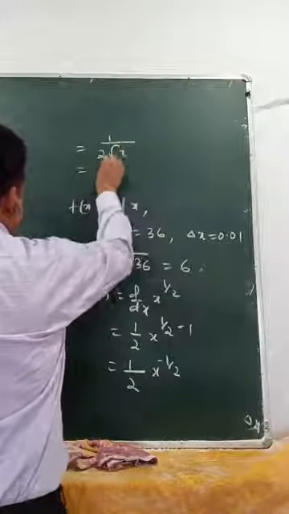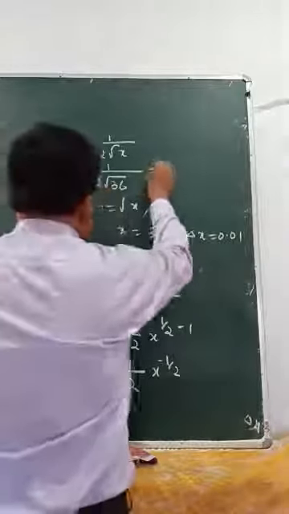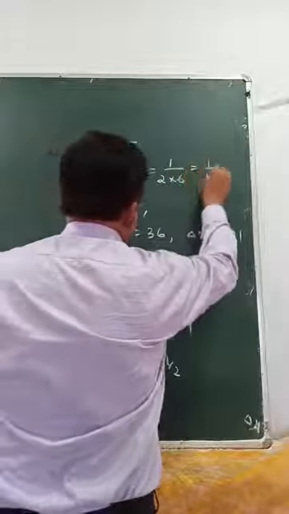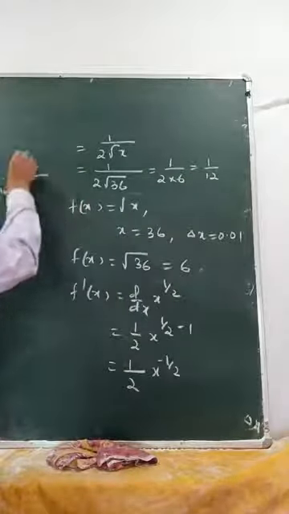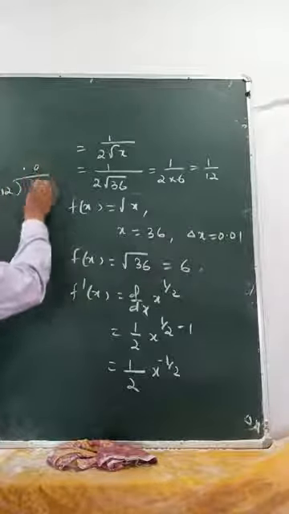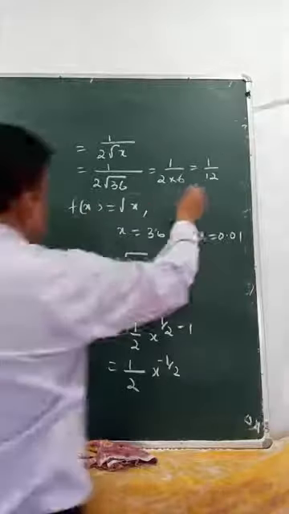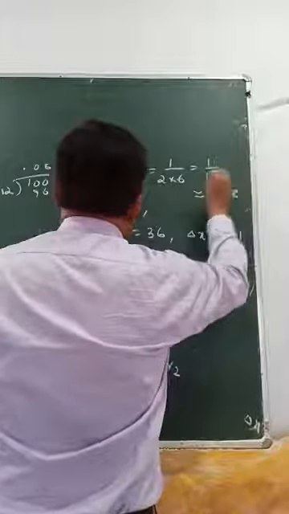That is 1 by 2 root of 36, 1 by 2 into 6, 1 by 12. Dividing 1 by 12 gives 0.0833, up to 2 places, equivalent to 0.08.